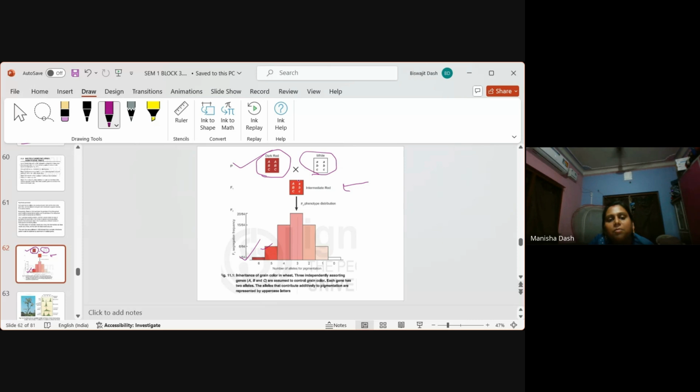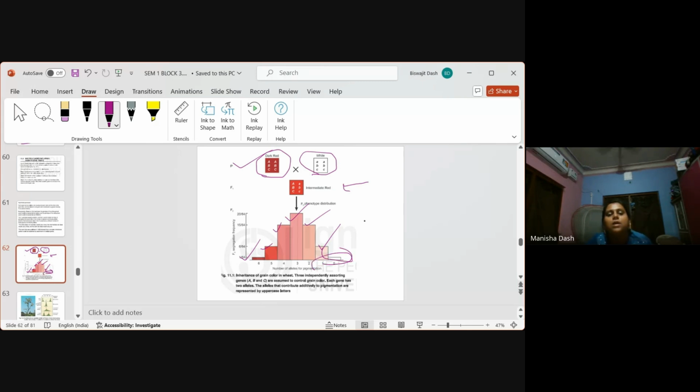If it is 4, it will be light red. If it is 3, like in this case, it will be medium red. If the number of dominant genes is only 2, then it will be much lighter than this one. If it is only 1, then it will be very light in color. And when none of the dominant genes are present, then it will be absolutely colorless, or white in color.